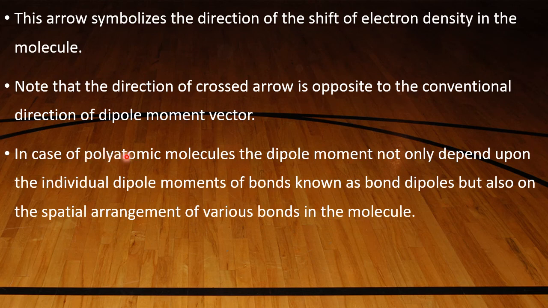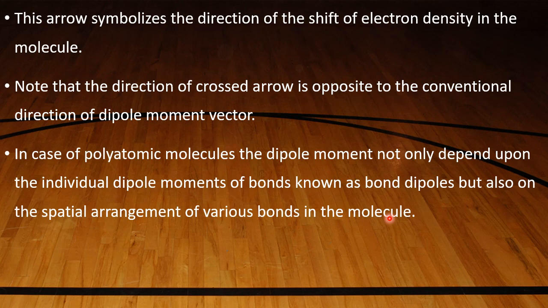In case of polyatomic molecules, the dipole moment depends not only upon the individual dipole moments of bonds, known as bond dipoles, but also on the spatial arrangement of the various bonds in the molecule. What is polyatomic? Molecules having more than 2, 3, 4 atoms. Ammonia, methane are called polyatomic molecules.